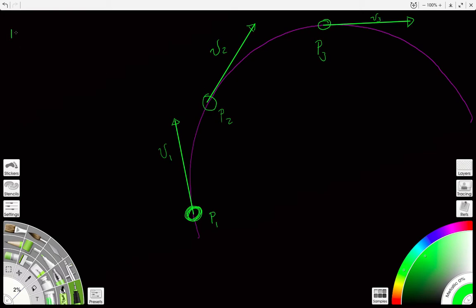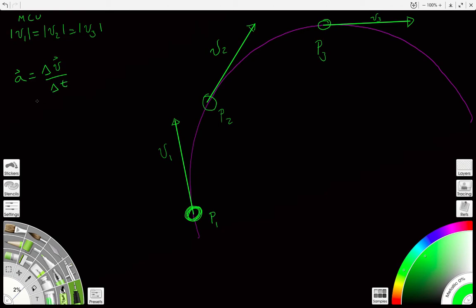Why? Because we're talking about movimiento circular uniforme, uniform circular motion. That implies that the tangential magnitude of the velocity is always constant. Let's look at how this behaves. Remember that acceleration is the change in velocity over the change in time.